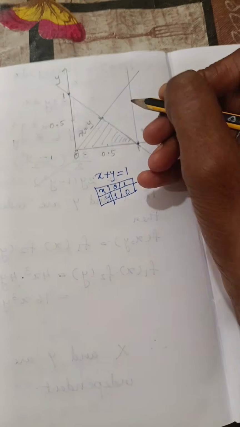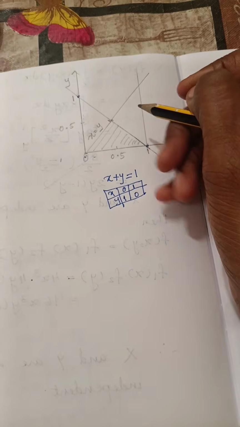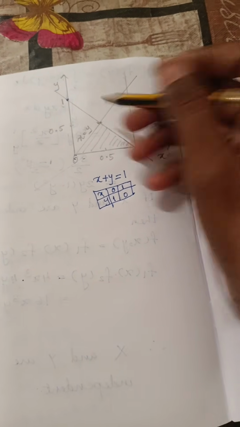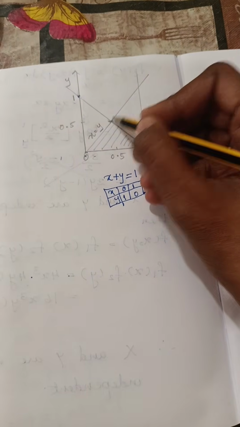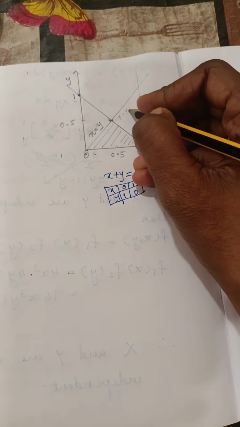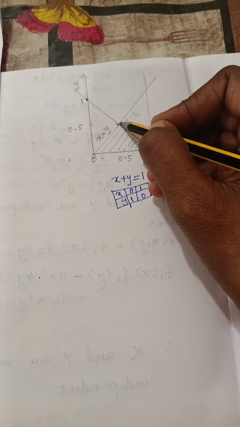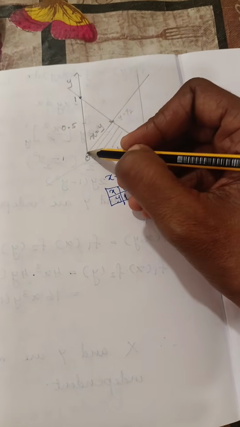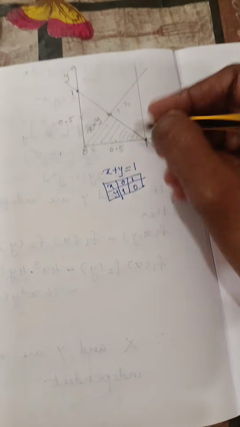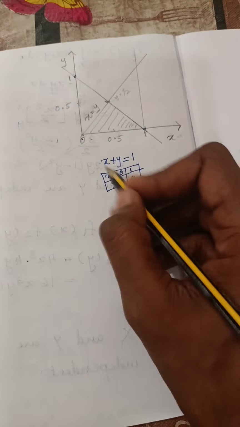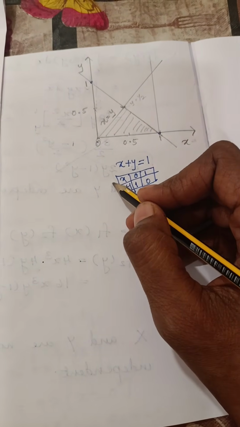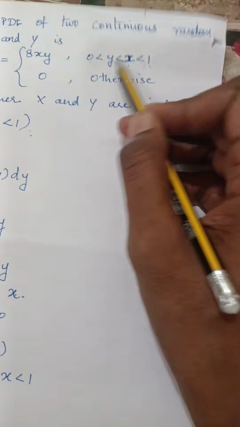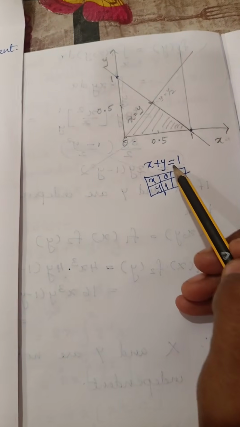So here the value of x will be ranging from, okay, so consider y. Here y is equal to 1 by 2, right? So y is ranging from 0 to 1 by 2, and our region is x plus y less than 1. So the range of x will be what? y to 1 minus y.